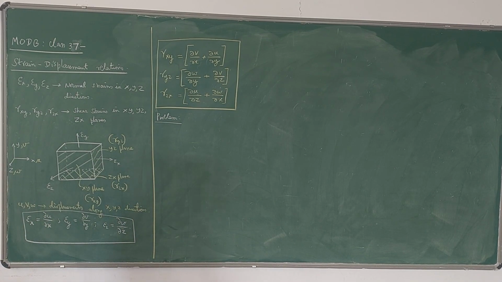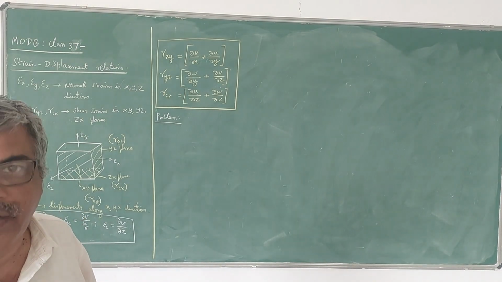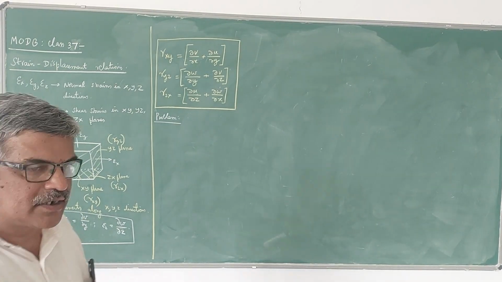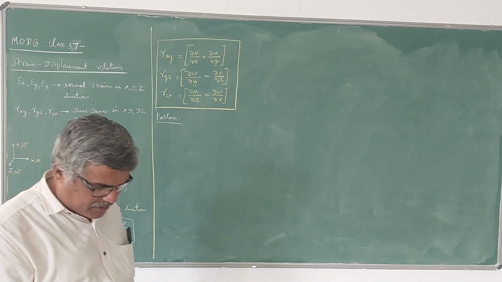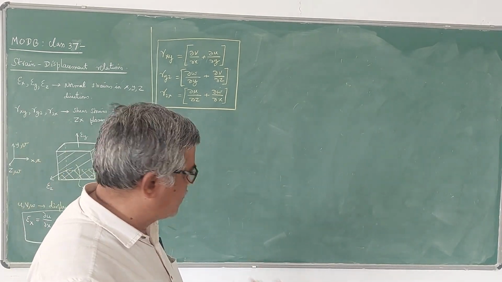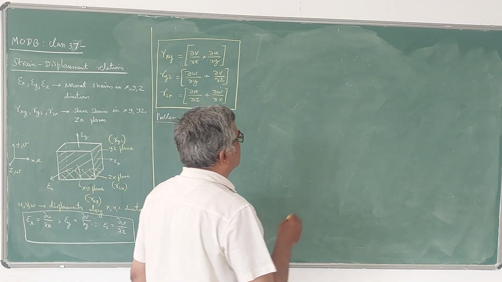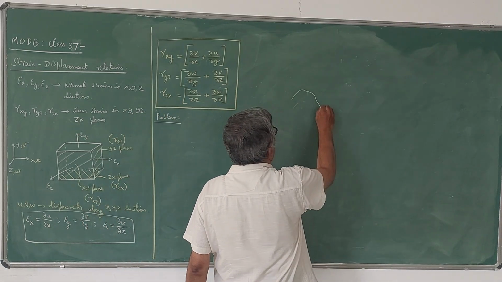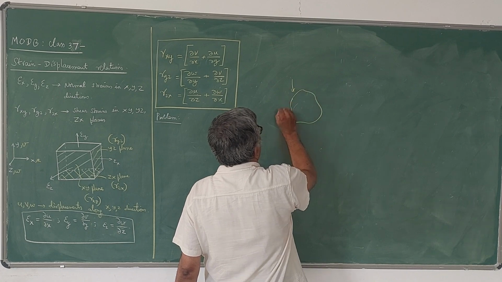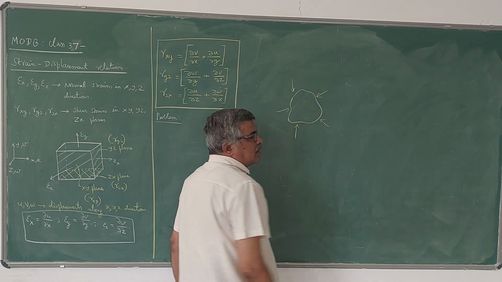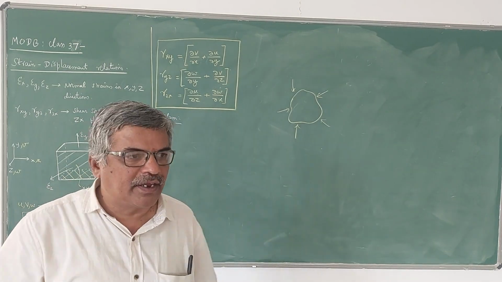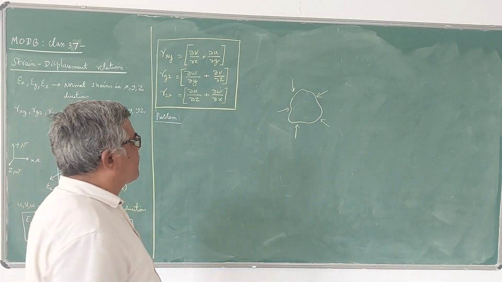So in this class, we will discuss the strain displacement relations. In any problem of elasticity, whenever a body is subjected to some external loading, you know that stresses will develop within the body based on the nature of the force acting on the body.